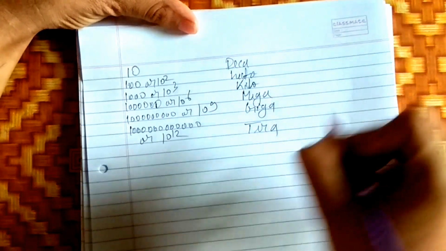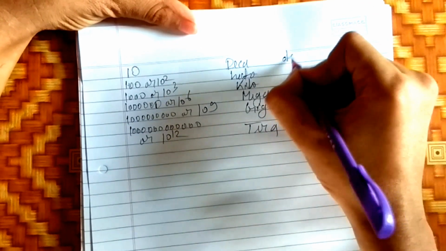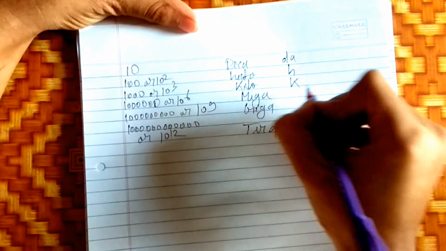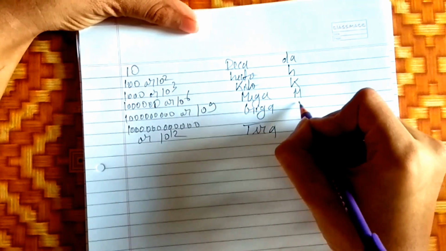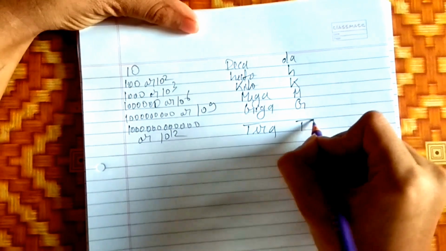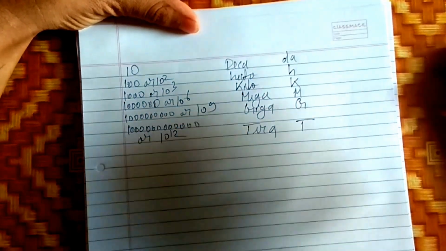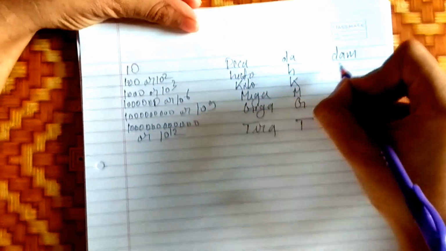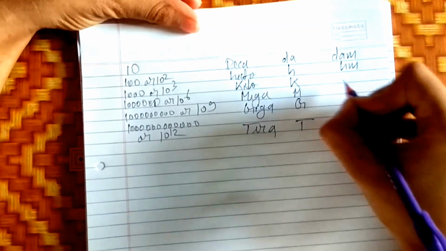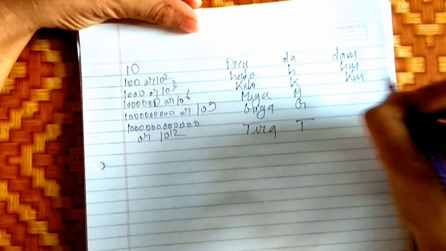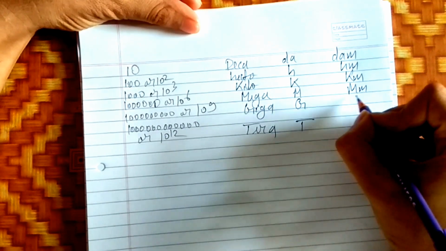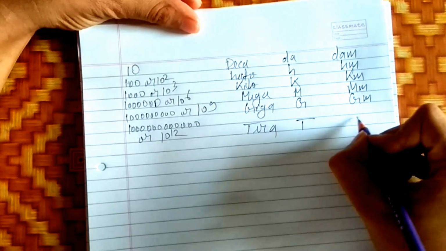Deca is abbreviated as da, hecto as h, kilo as k, mega as M, giga as G, and tera as T. For examples, these will be decameter, dam, hectometer, hm, kilometer, km, megameter, Mm, gigameter, Gm, terameter, Tm.